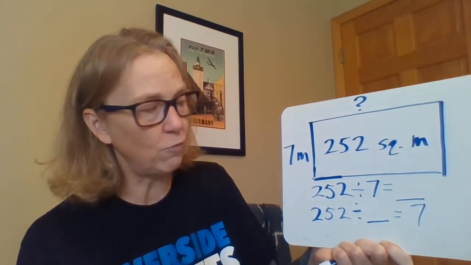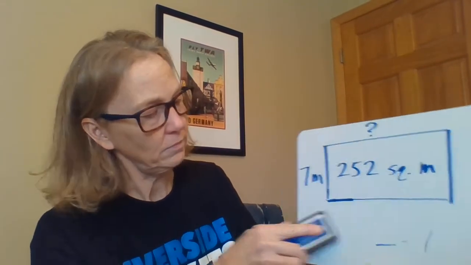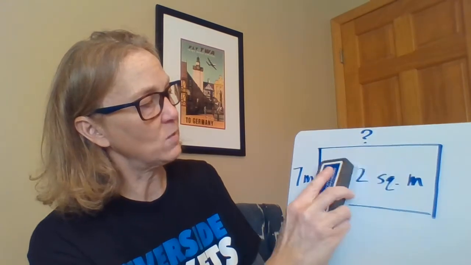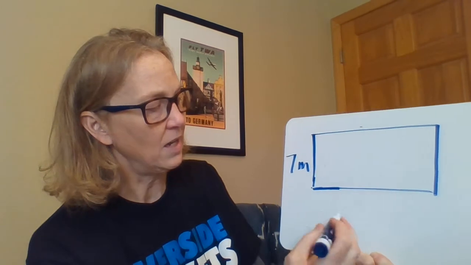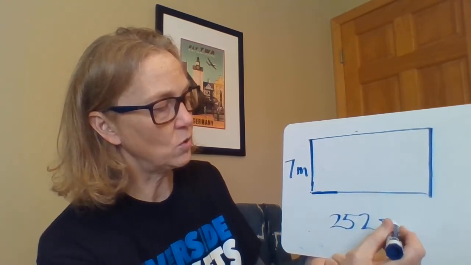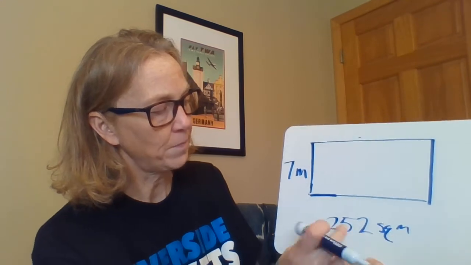All right, well, let's take that next step of seeing if we can tackle this problem together. And I'm going to erase my 252 because from here, I'm going to know that my inside area is 252 square meters.